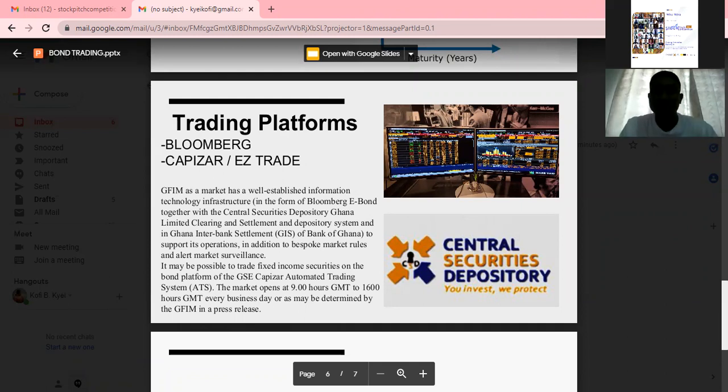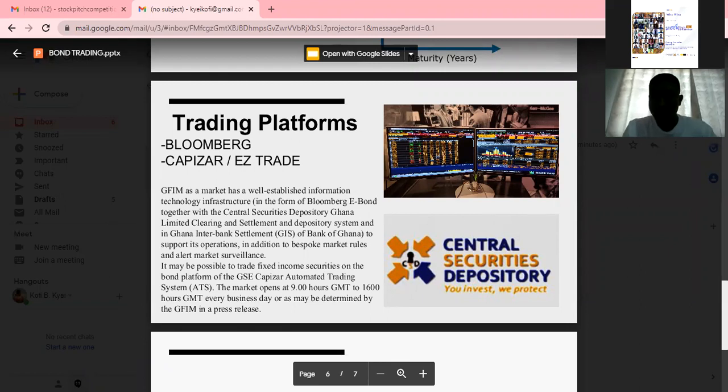It can be on both the bid and the ask side. And then on the top, you will get to see all the different classes of fixed income securities. So you get to see the government of Ghana, the corporate bonds, the Treasury Notes, and all the other ones as well.